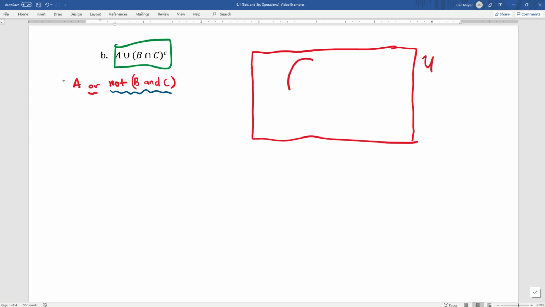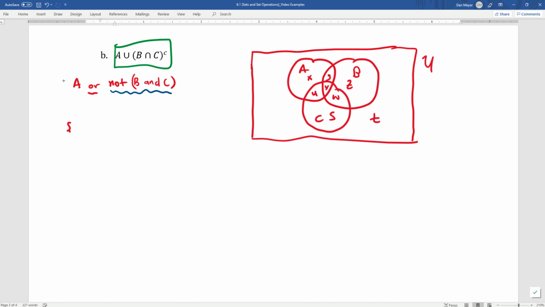Universal set with 3 subsets, A, B, and C. And we'll just go ahead and label these regions the same as we did in the previous problem: X, Y, Z, U, V, W, S, T. And then let's see, A would be X, Y, U, and V. Union.